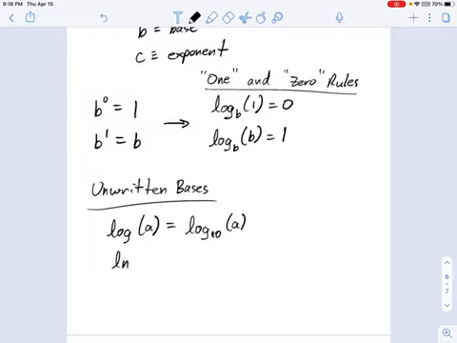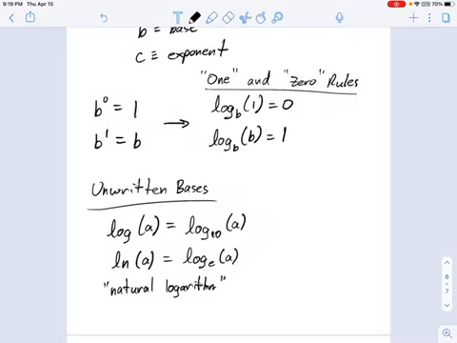Another one that's very common is to see this ln. This is called the natural log. Okay, natural logarithm. So what that ln means, it's also a log, but it's base e.